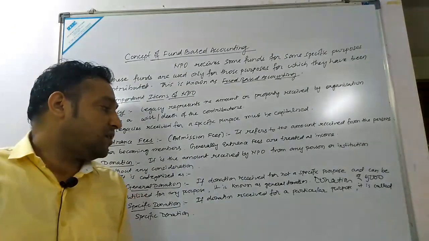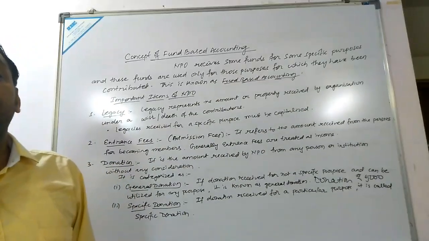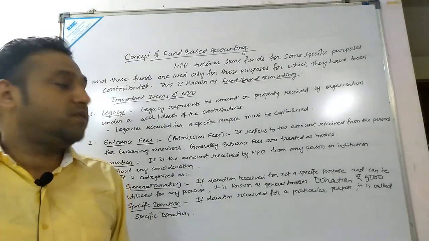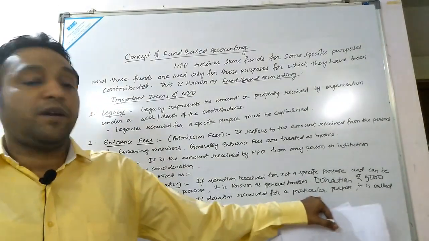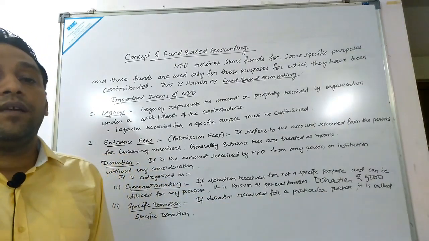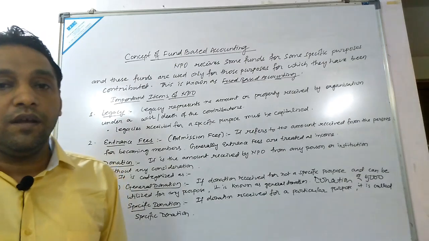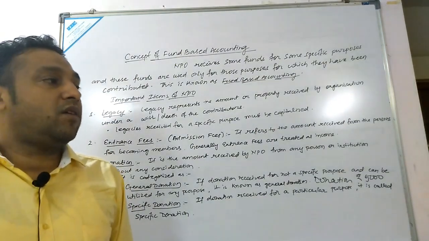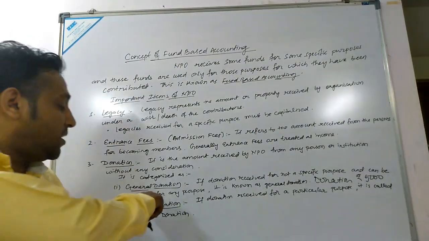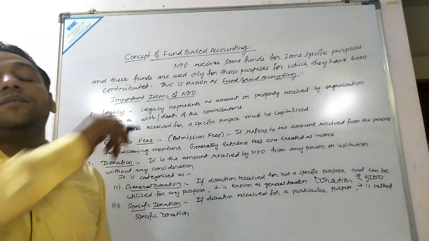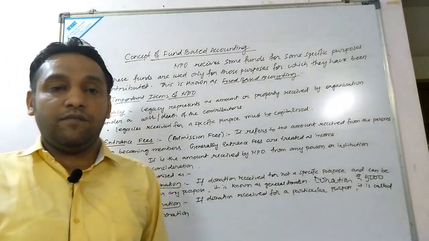Now specific donation means what? If any donation is received for a particular purpose, for example donation for building rupees 10,000, it would be considered as which type of donation? General or specific? It will be considered as specific donation. Why?